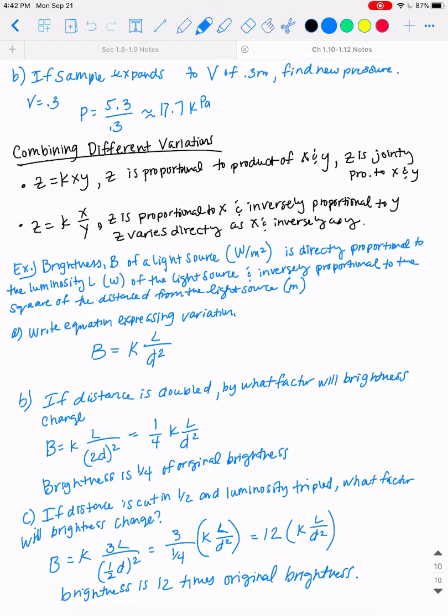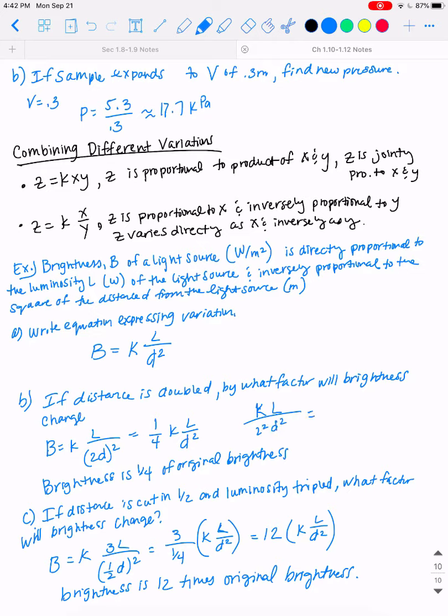It asks, if distance is doubled, by what factor will brightness change? So if distance is doubled, we're going to multiply distance by 2. So B equals K L over 2D squared, and remember, it's 2D squared, not just D squared, because we're doubling our distance. So we get 1/4 K L over D squared, because we have K L over 2 squared times D squared.